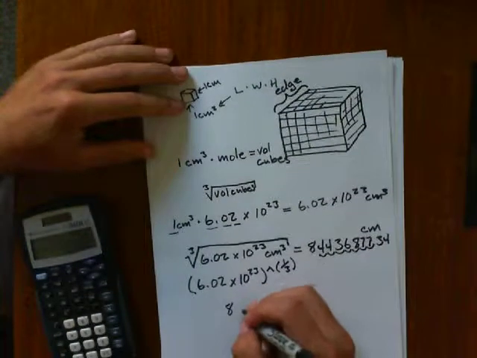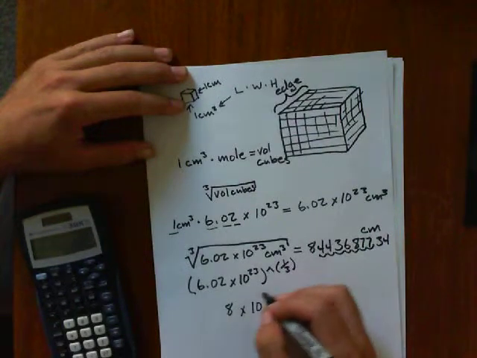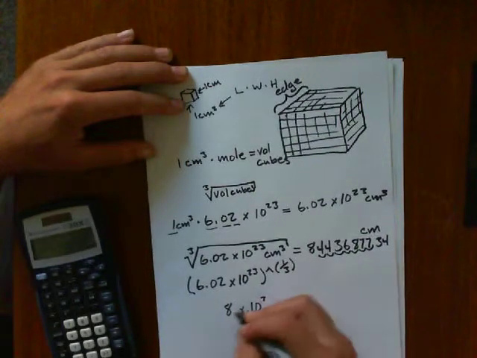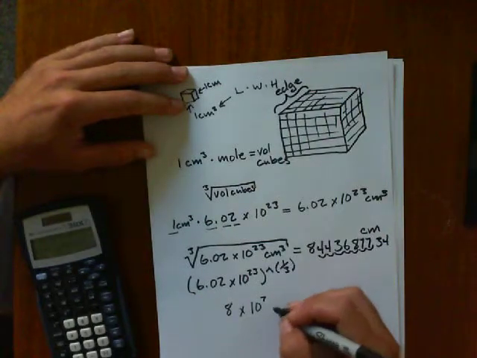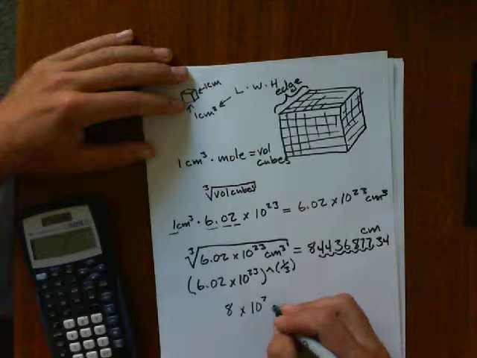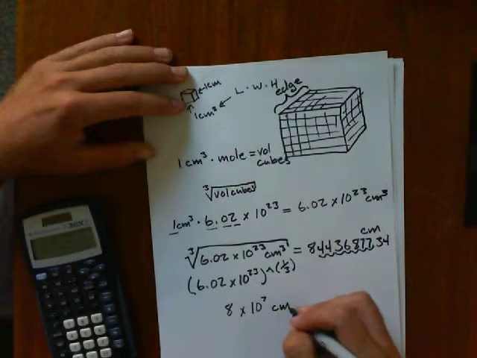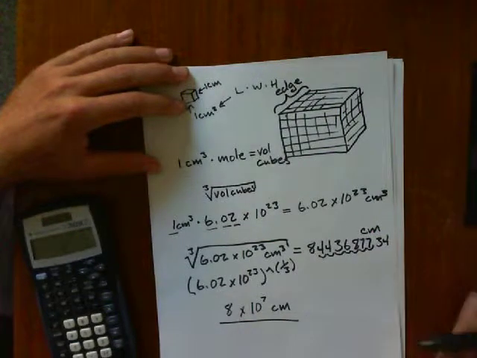So we have 8 times 10 to the 7 centimeters. And that answer should be good enough.